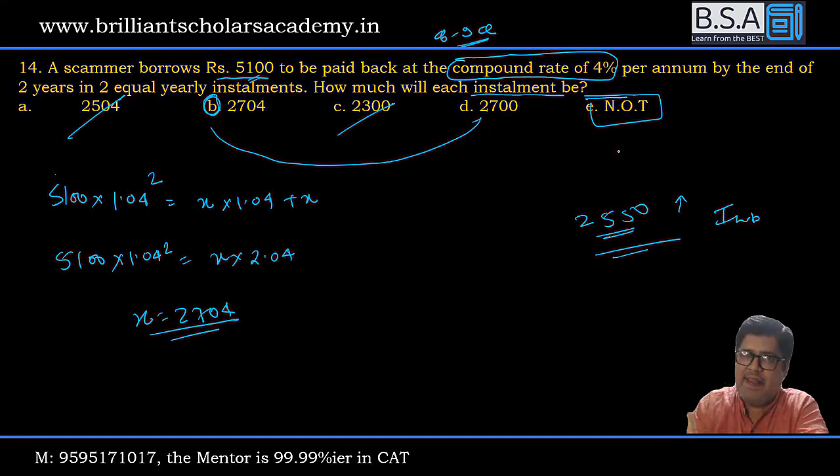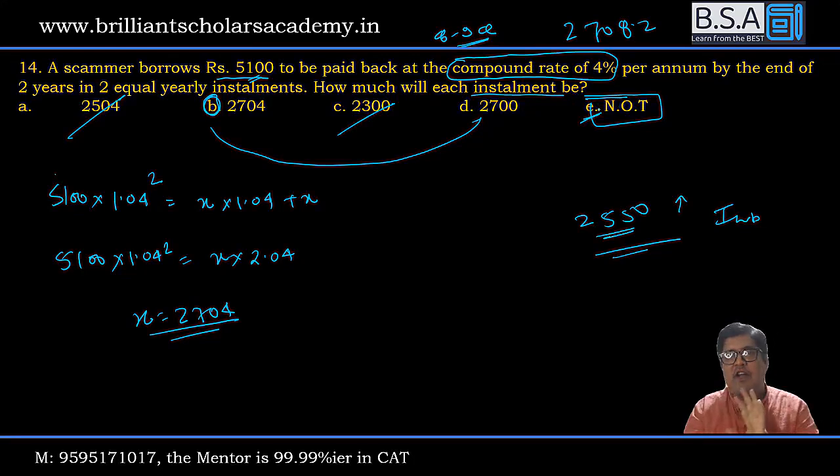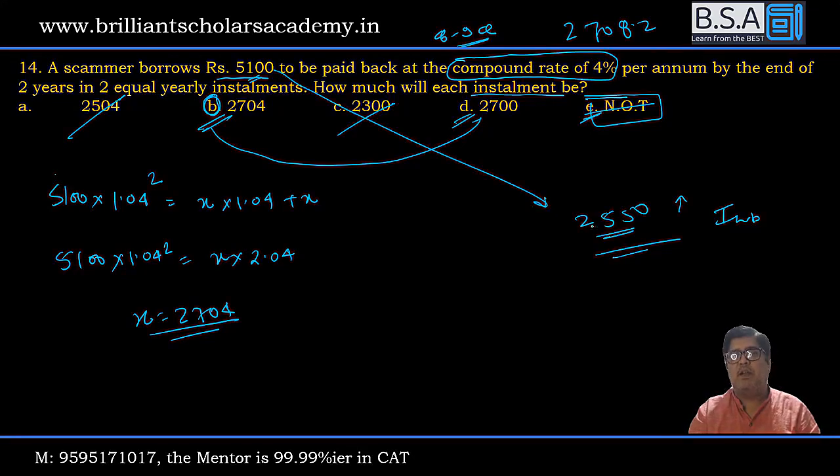None of these is the biggest problem here. If your answer is any decimal, 2708.2, you have to go for this. Even if it is an integer, we can mark. These options are very close. Because you are making payments in two installments here, you divide the principal by 2 and the value above that will be the answer.